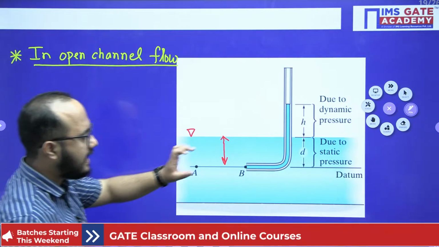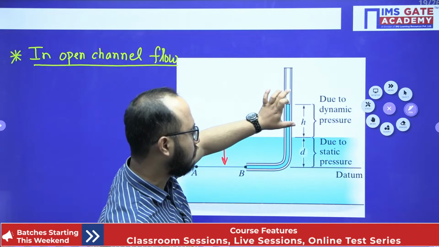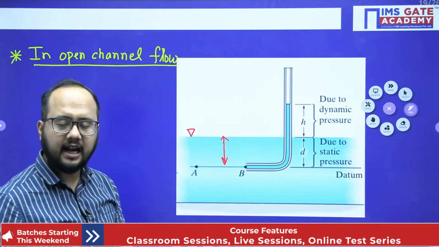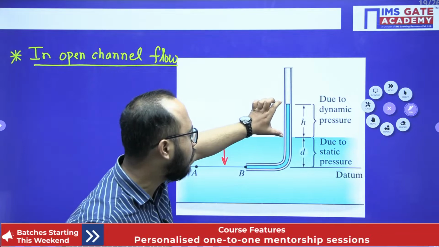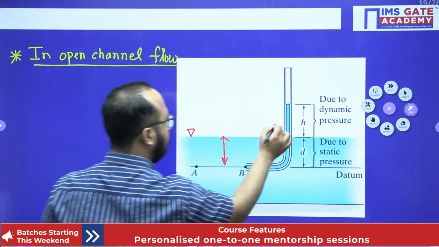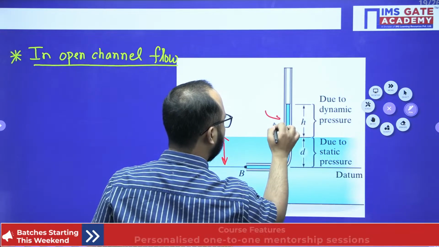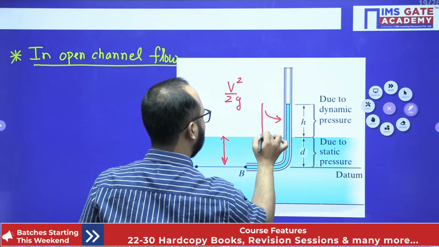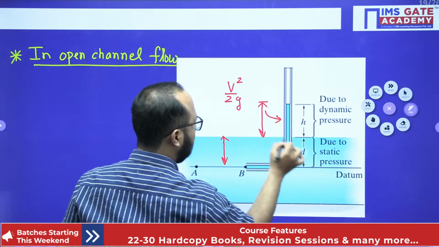So this is the static pressure and this is the dynamic pressure. Let's suppose the length is given. You can easily measure it. Whatever value you have of this much, this one belongs to what? V square by 2g. Simple.